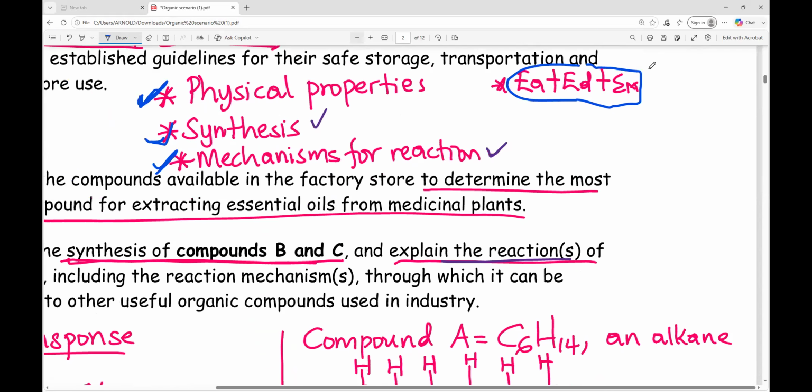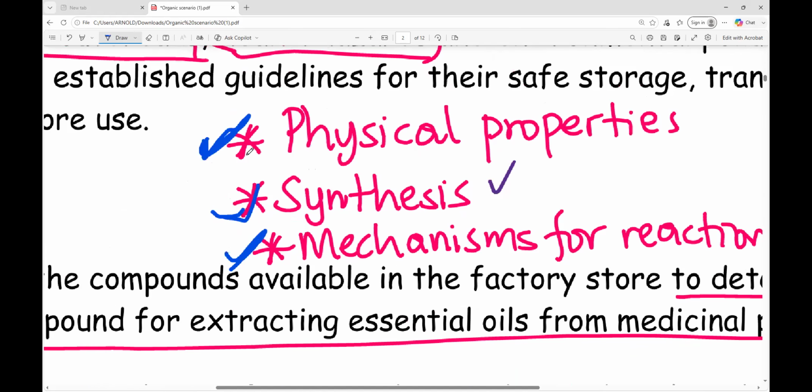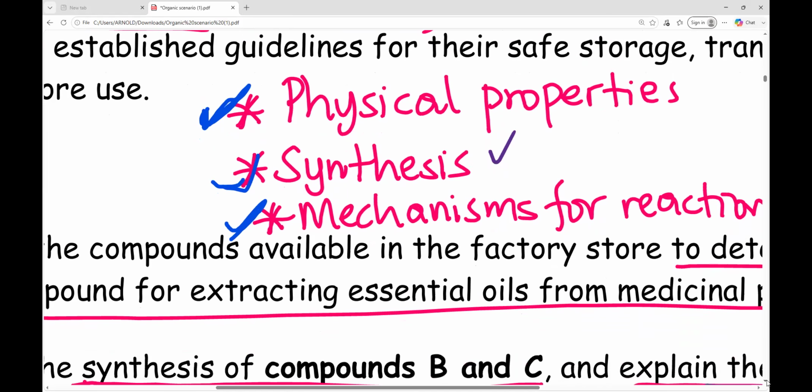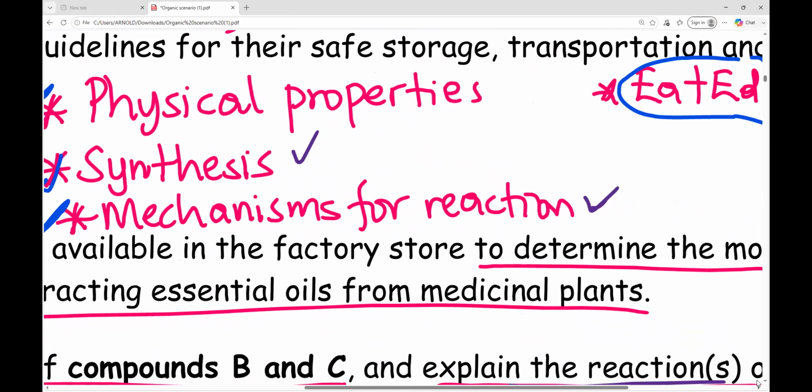Now the item has been explained or dissected concretely. So now we have to go through all this information. Your standardized response has to capture these things: physical properties, synthesis, mechanisms, application, danger, mitigation, the way they are here.